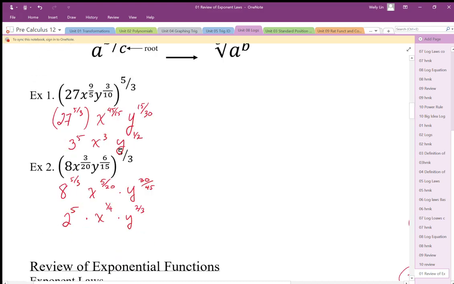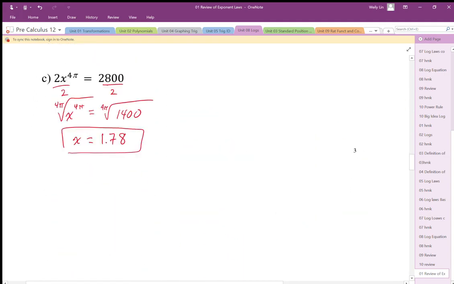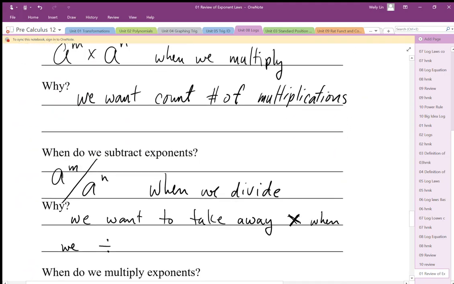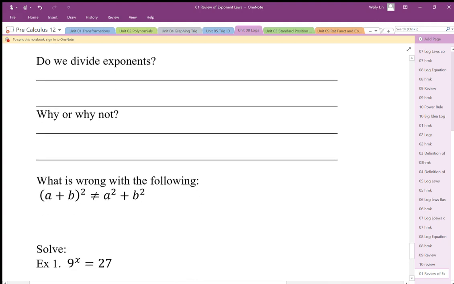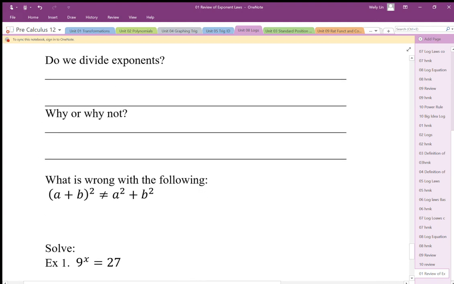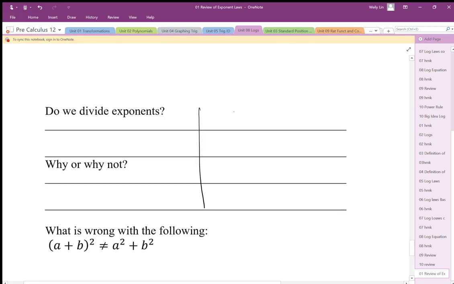Generally we don't divide exponents, but there is a situation where we did divide exponents, and we divided exponents with the root.